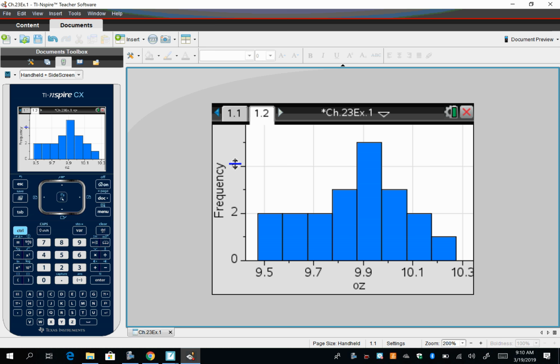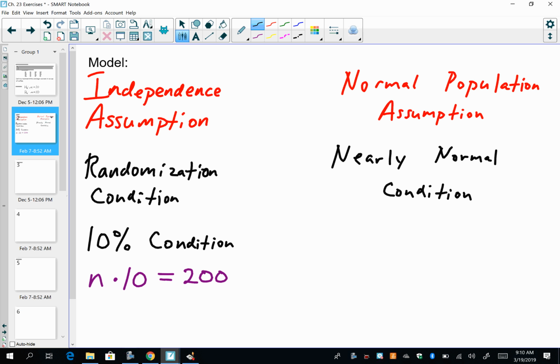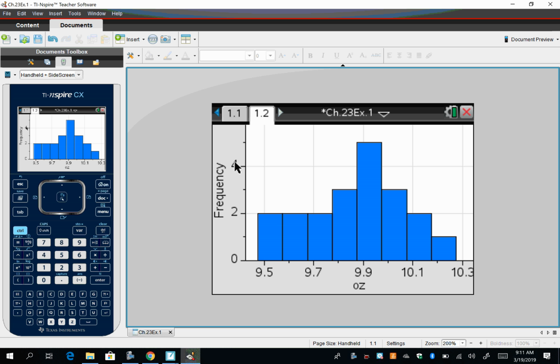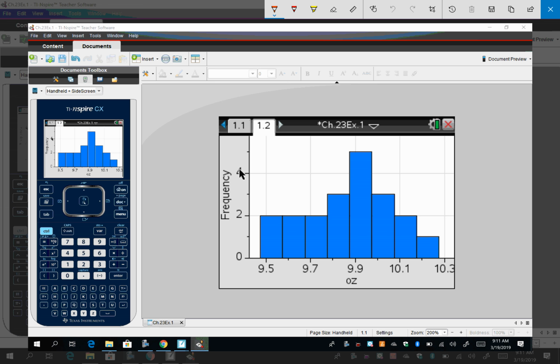So when I do this, I'm sketching this on the nearly normal condition. Right now, on your notes, do you have an area where you could sketch the histogram underneath? It doesn't need to be big. It can be a small histogram. Go ahead and sketch this. Can I save this?